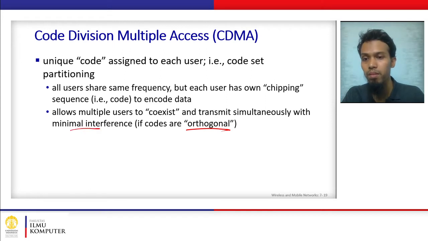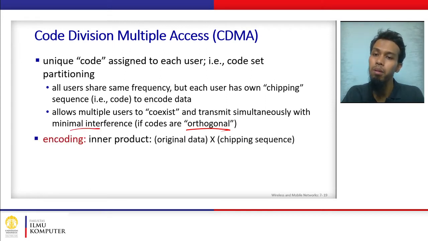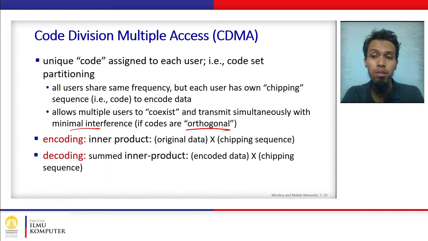Now we talk about the encoding and decoding process. For a clearer explanation, we are going to do it in an example in the next slides. In the encoding process, we take the inner product between the original data, say the bits or symbols to be sent, and the chipping sequence.